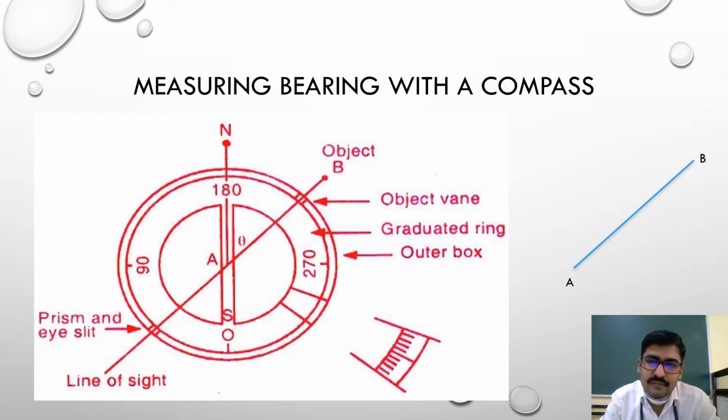If I keep the compass on point B, the end point of line AB, and measure the bearing there, then that bearing will become the back bearing of that line. So the point at which you measure the bearing will be the identification of that bearing. If you measure at the beginning point, it is the fore bearing; if it is measured at the end point, then it is the back bearing of the line.